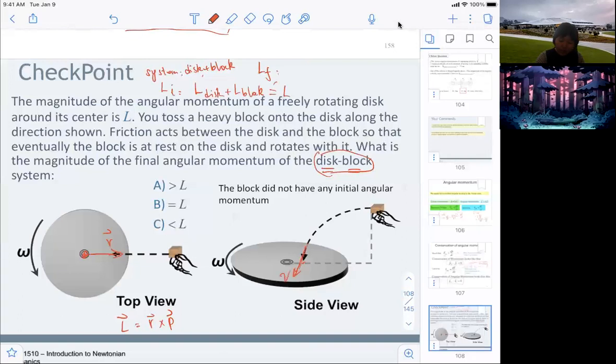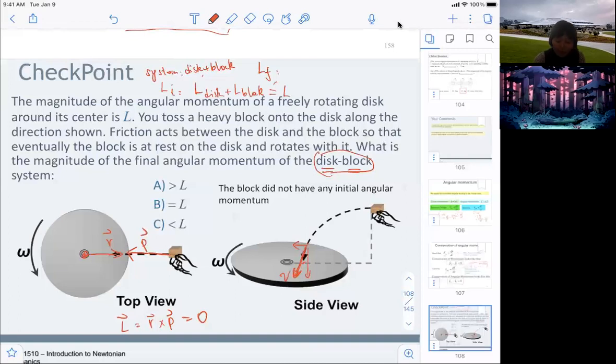This P is in the same direction as your R, so this cross product is going to give you 0. That's why the block did not have an initial angular momentum: R and P are on the same line. So initially it's just L.